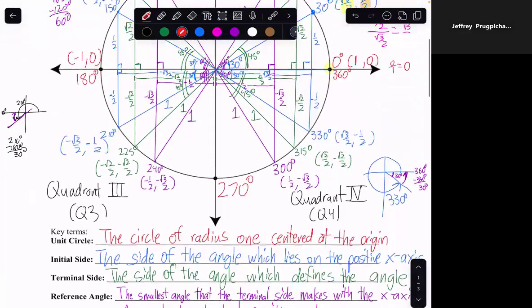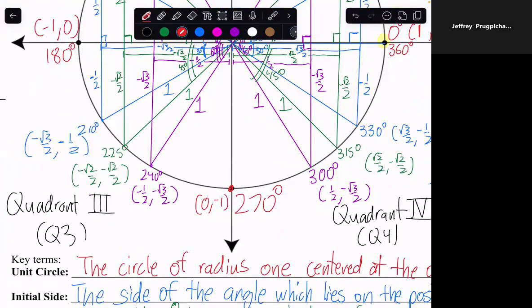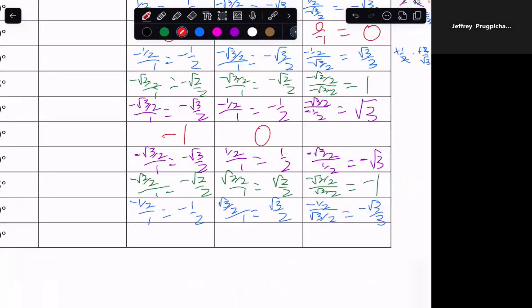270 degrees. That angle hits the unit circle at the point 0, negative 1. You don't go left or right, but you go 1 unit down. Okay, so sine will be negative 1. Cosine will be 0. And then tangent, negative 1 over 0.